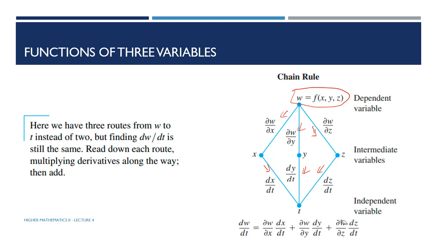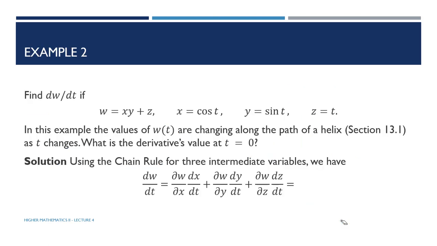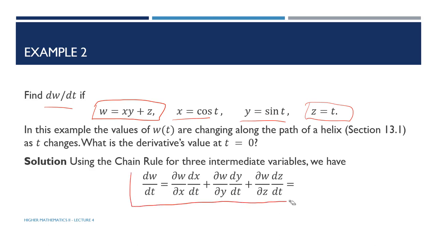In example 2 it says, find dw/dt if w equals xy plus z, and x equals cosine t, y equals sine t, z is t. In this case we'll use the rule we just learned. So what do we need? First of all, we'll need the partial derivative of w with respect to x, with respect to y, and with respect to z.